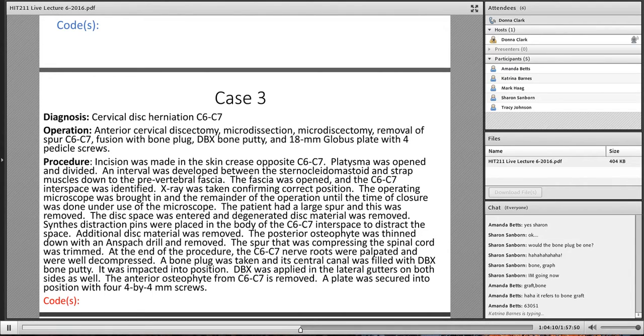So you went to bone graft. What did you do after you went to bone graft? What did you choose? Let me look.